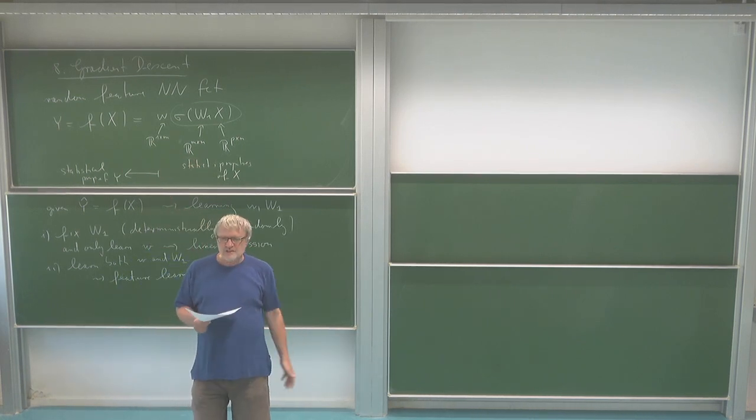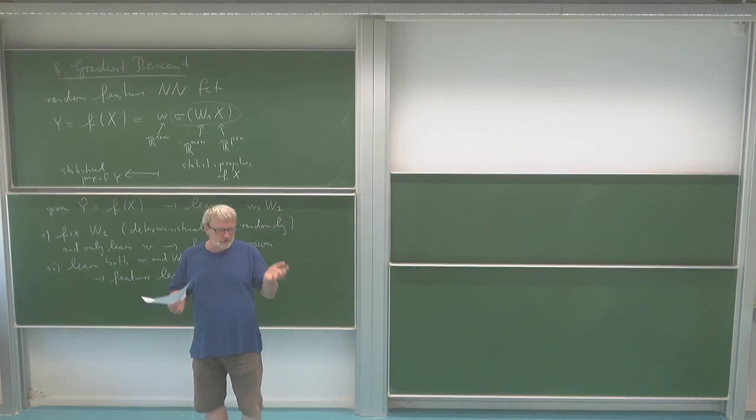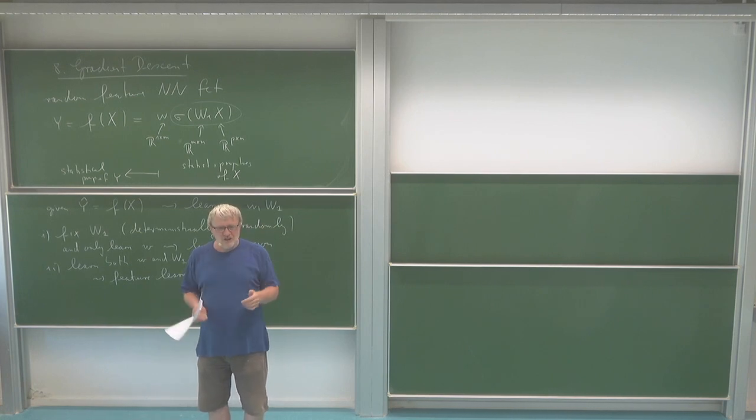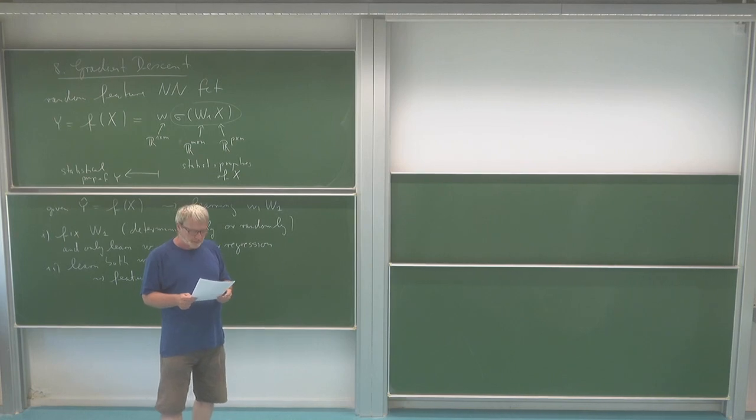So what one usually does is an algorithmic way of learning. You need an algorithm which maybe starts somewhere, and then you change your W's in some incremental way. And the usual algorithm for this is gradient descent.